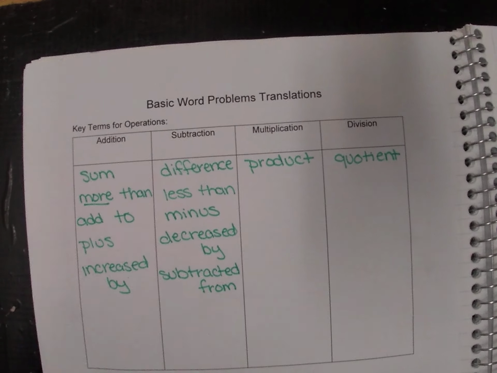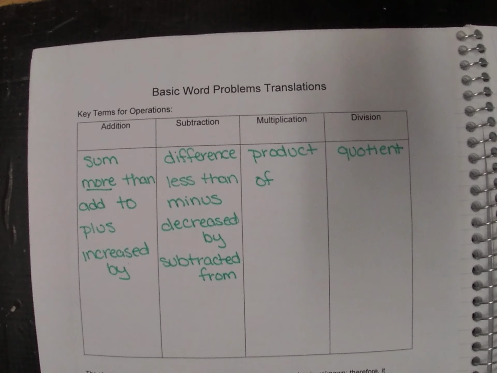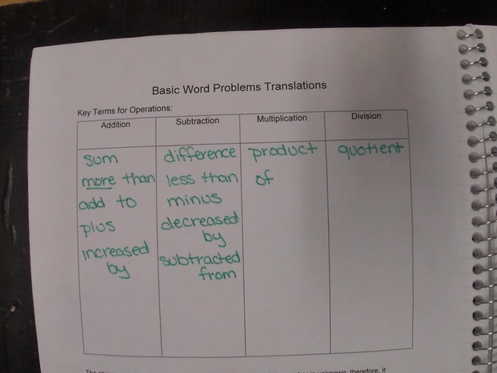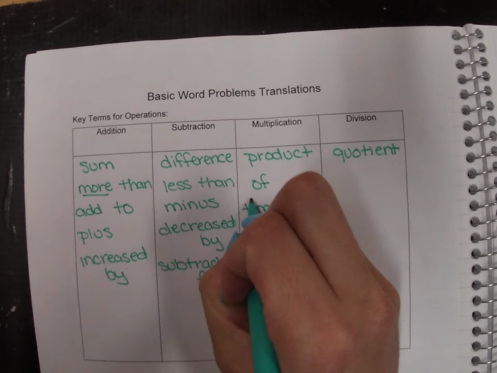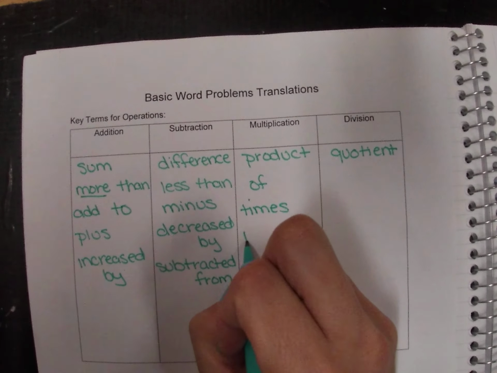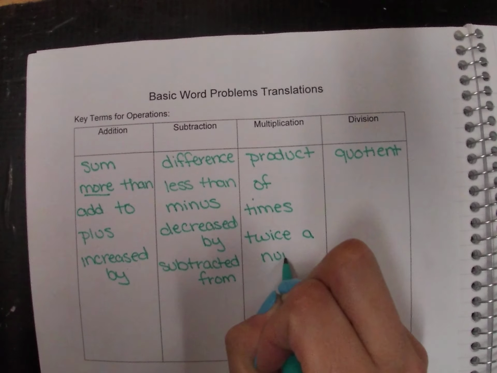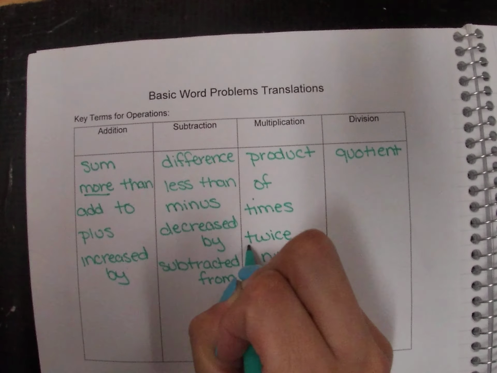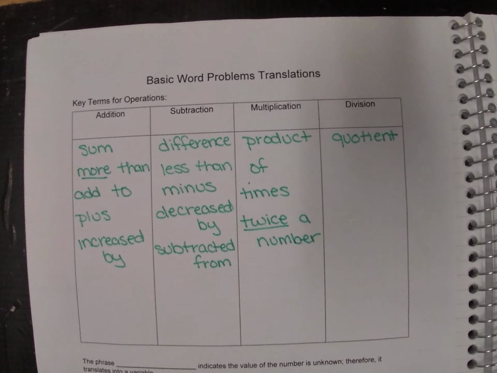Multiplication. Product is our most common one, but remember this one has some weird ones, like the word of means to multiply. Times. We could say something like half a number, twice a number. Right, so this could be replaced with twice a number, 3 times a number, half a number.